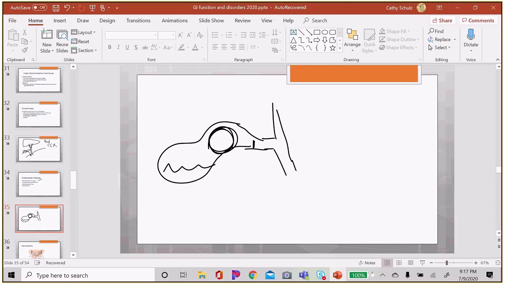Oh, that looks cute. It looks like some kind of monster. But anyway, this big stone is going to block the outlet, so not as much bile is going to come through as I want to. And so when I eat, I'm going to feel like the gallbladder is contracting against resistance. So I'm going to feel like a colicky, nauseated sort of pain.